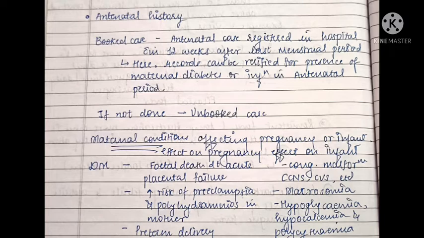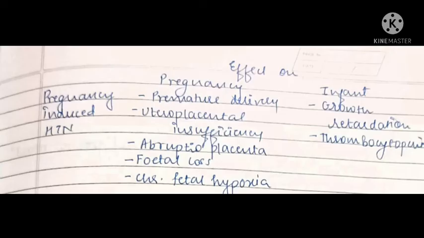Macrosomia might lead to birth injuries, hypoglycemia, etc. If the mother has pregnancy induced hypertension, pregnancy and delivery can lead to premature delivery or uteroplacental insufficiency or fetal loss, whereas on the infant it leads to growth retardation and thrombocytopenia.